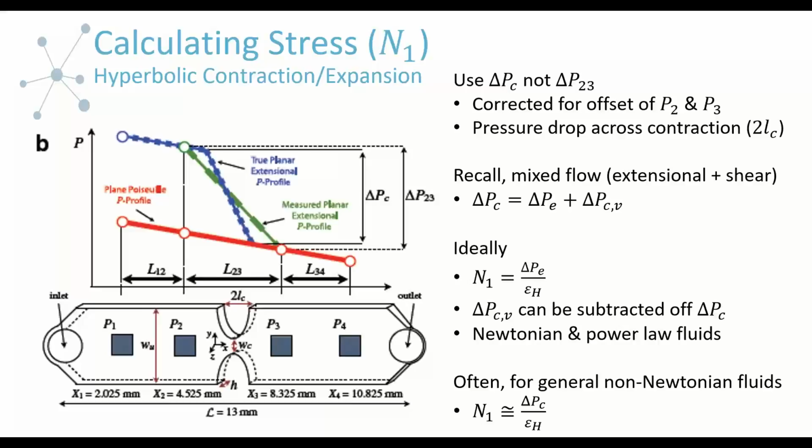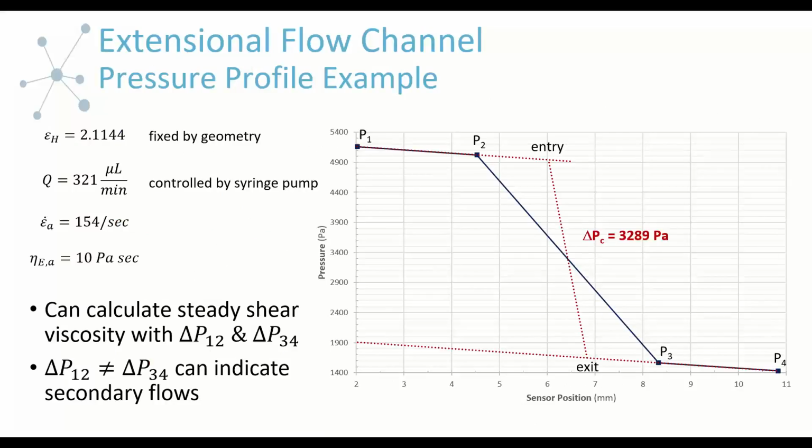So in the case of a more complex fluid that's not power law, we just have to accept that we're pulling in an extra contribution to the pressure drop across the constriction from the steady shear. So just be aware of that as you move forward with looking at your data.